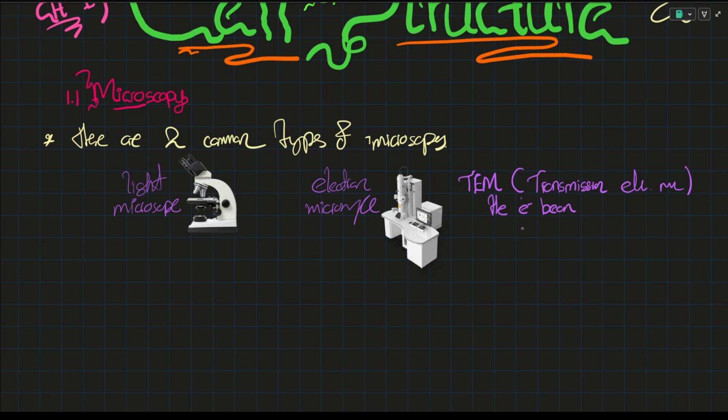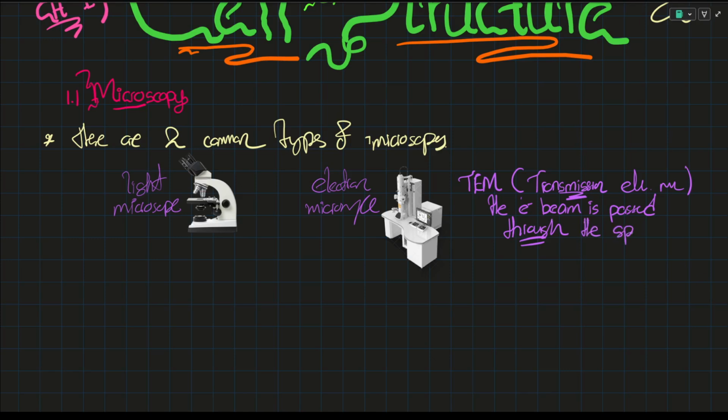When it comes to transmission electron microscopes, the electron beam is passed through the specimen. That's the thing. It is transmitted through the specimen. Hence the name. It's transmitted through the specimen.